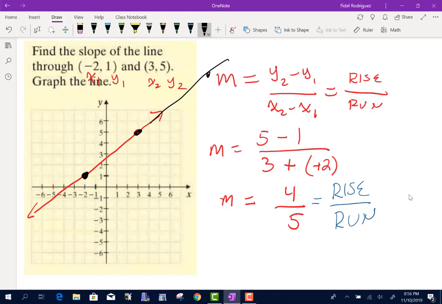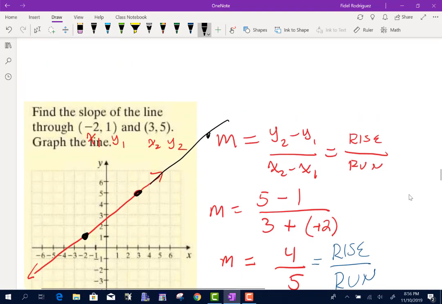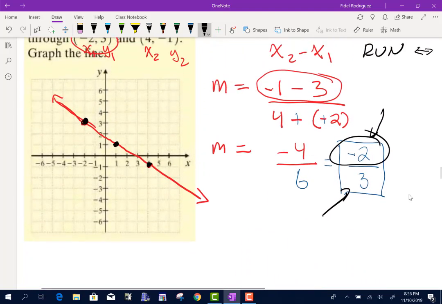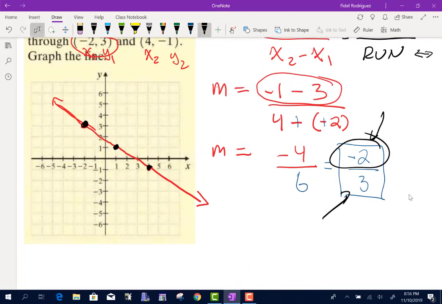So a couple of things I want to point out. I want to come back to the problem that we did a little while ago, and I want you to look at the line that we drew. Here was the line that we drew, this red line. As I'm moving to the right, wouldn't you say our line is going down? Because I read a line as I go from the left to the right, just like I read a sentence. So if I go from the left to the right, my line is going down.